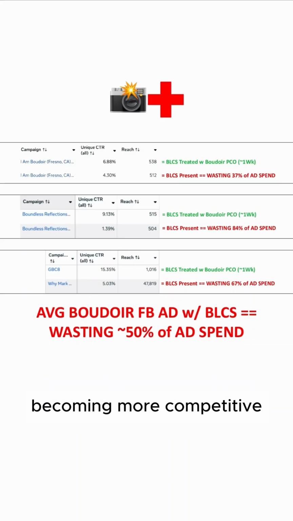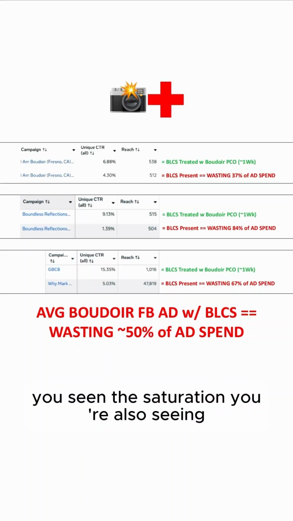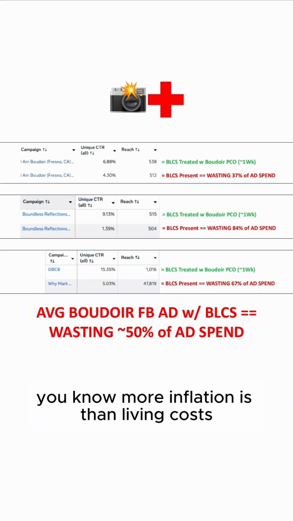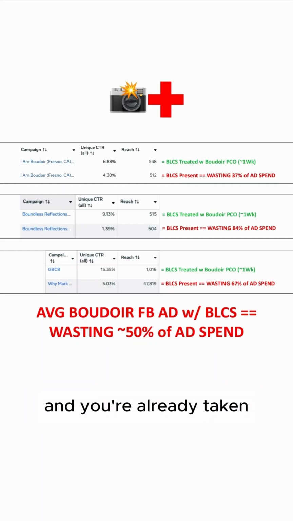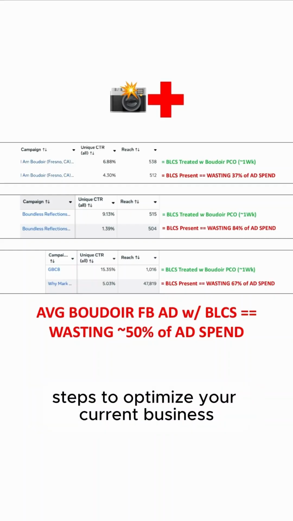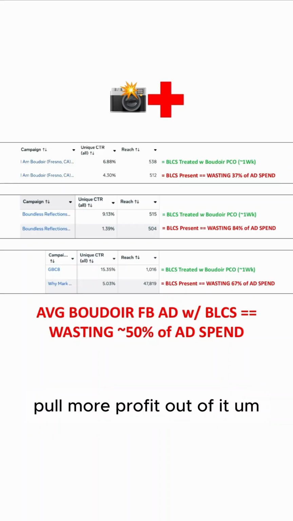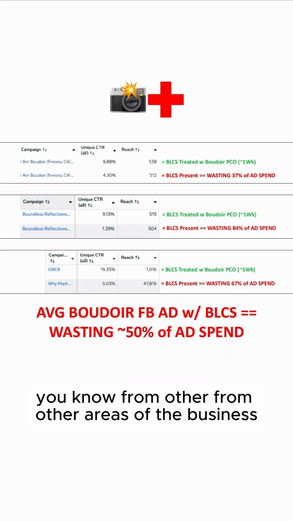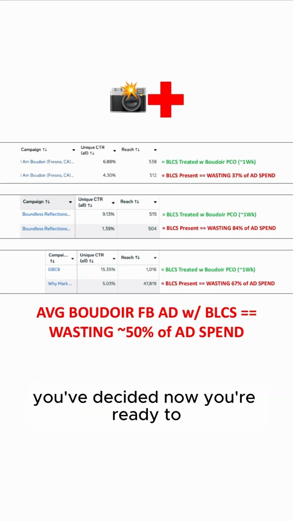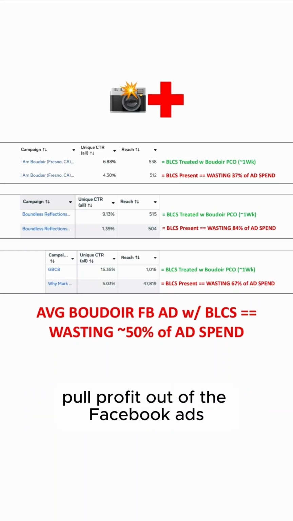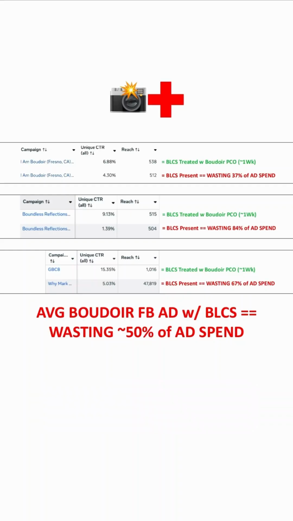They're becoming more competitive. You're seeing the saturation, and you're also seeing more inflation and living costs. And you're already taking steps to optimize your current business, pull more profit out of other areas of the business. You've decided now you're ready to pull profit out of the Facebook ads portion of your business, optimize that, and pull some profit out.